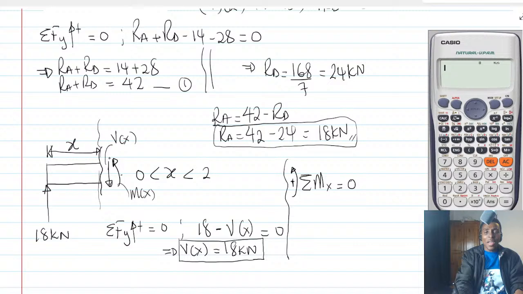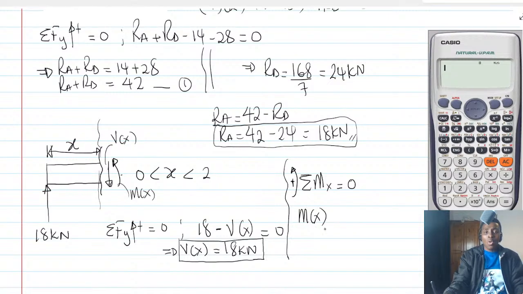Okay. Now M of X is positive because it is going counterclockwise. So the choice is yours, whether you use clockwise is positive or anti-clockwise is positive, right? The choice is yours. Alright.